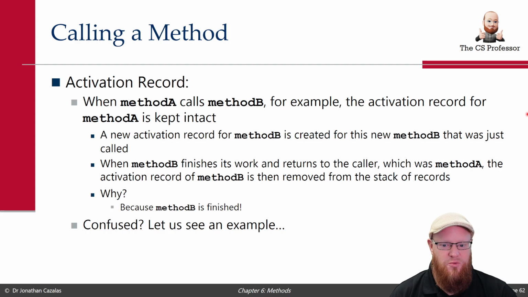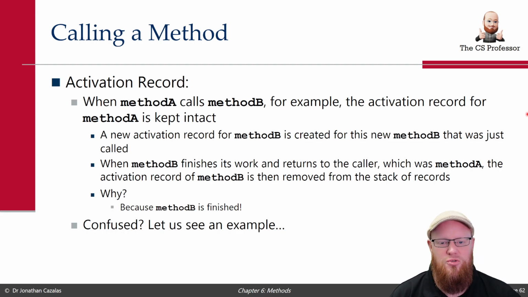A new activation record for method B is then created for this new method B that was just called. And then when method B finishes its work, it's going to be removed from the stack and we return to method A. And that's a lot of words, method A, method B, return from the stack.